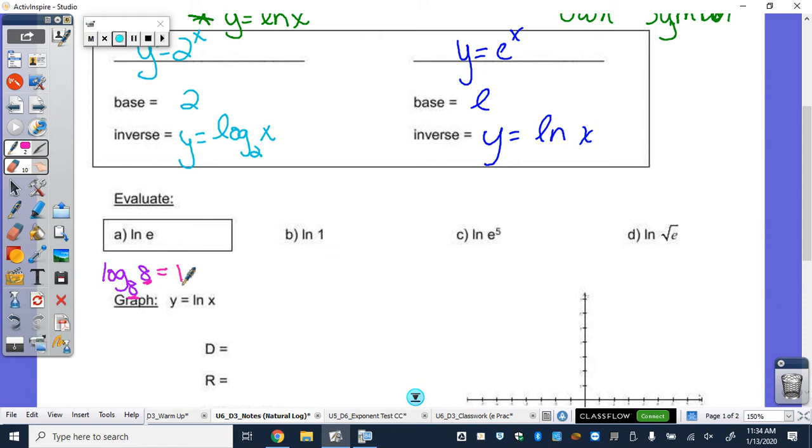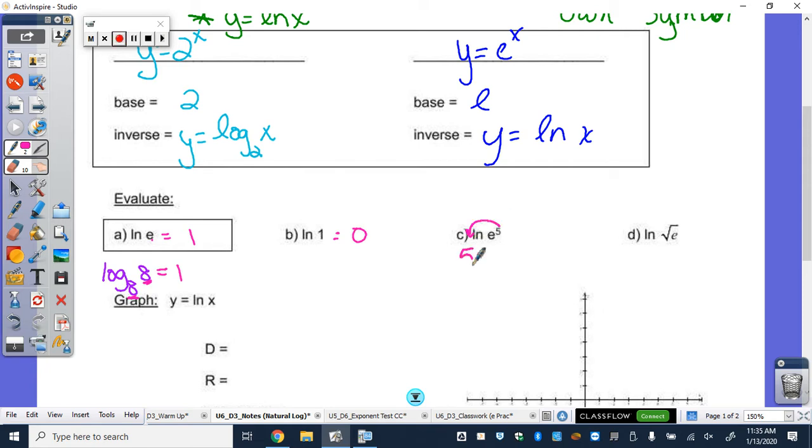So remember, ln means you have a base of e. You're trying to take it of e. So that always simplifies to a 1. ln of 1 simplifies to a 0 because it's asking you what's the exponent on e that gives you a 1. Anything to the 0 power is 1.